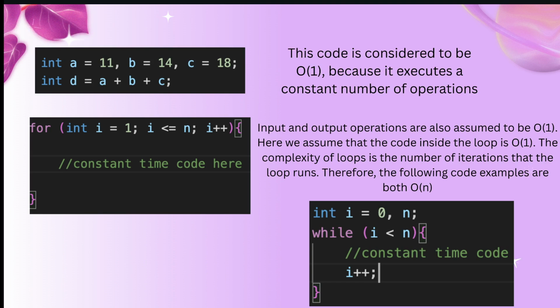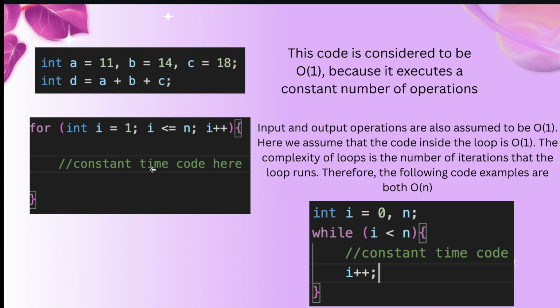I also initialize an int type variable d, which is the sum of a, b, and c. This code is considered to be O(1) because it only executes a constant number of operations. So that's the time complexity of a constant number of operations.